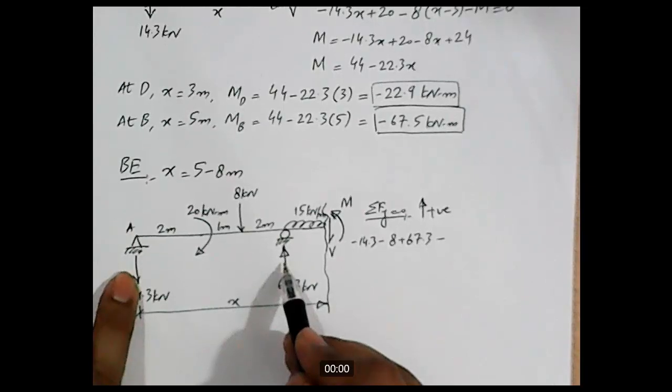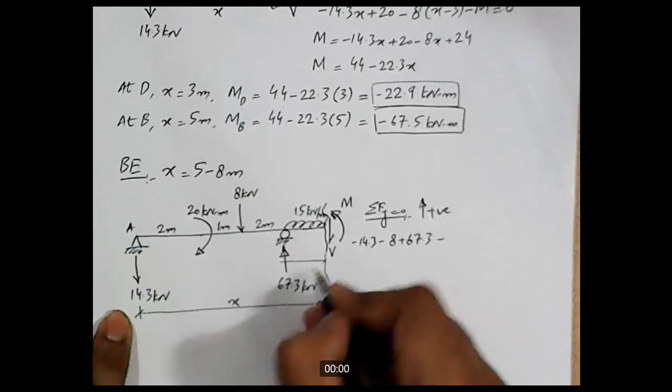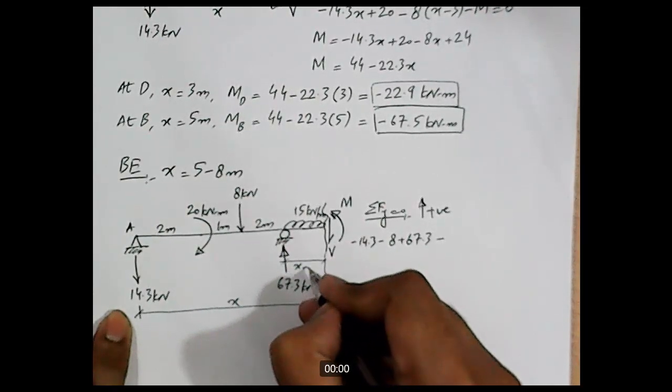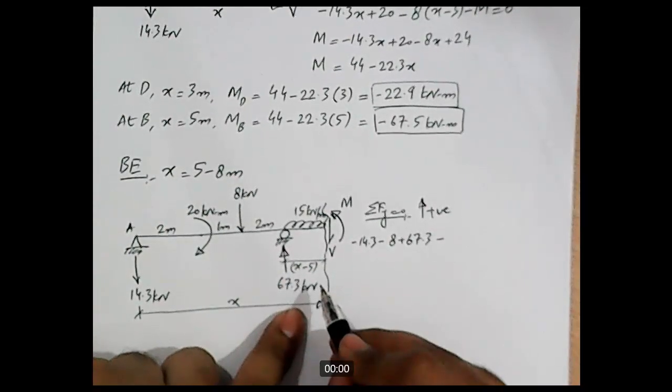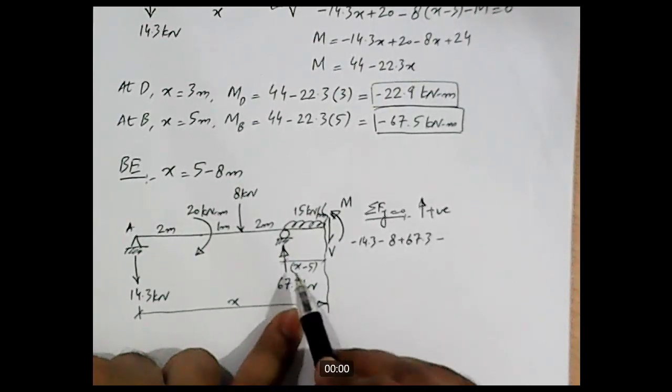This much is 5 and this much is X. So what about this distance? This much will be X minus 5. So this UDL is acting over a length of X minus 5.